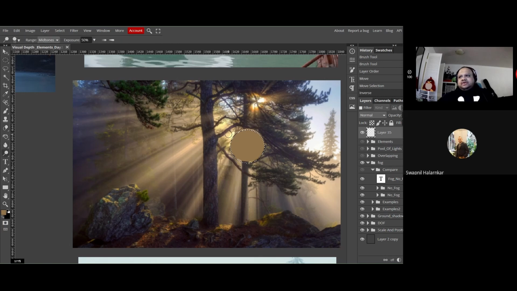Like the light will be hitting like this on the sphere here. So it will be hitting here. So you don't see that reflection a lot.